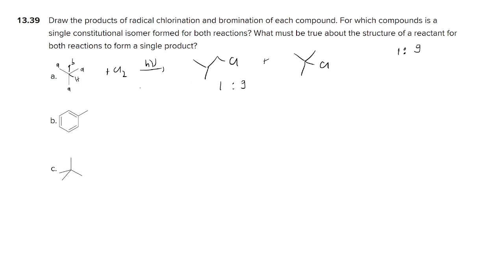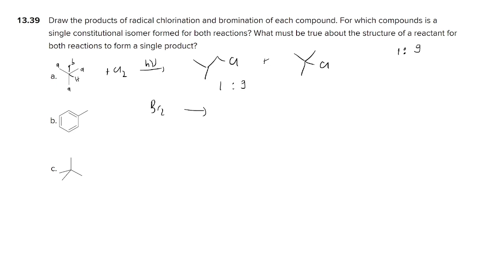Second conclusion, if we do the bromination reaction, if we react with bromine, let's erase chlorine. Okay, let's write Br2. And bromination is very selective. Why? Because we have a tertiary position and we have primary positions.